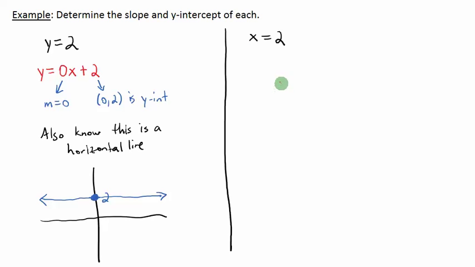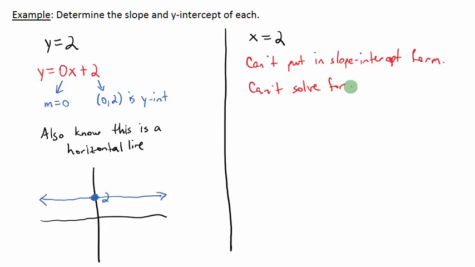In this case, if I want it in slope-intercept form, I can't even put it in slope-intercept form. The reason for that is we can't solve for y. We can't get y by itself. Okay, so we have to use other things to figure this out.